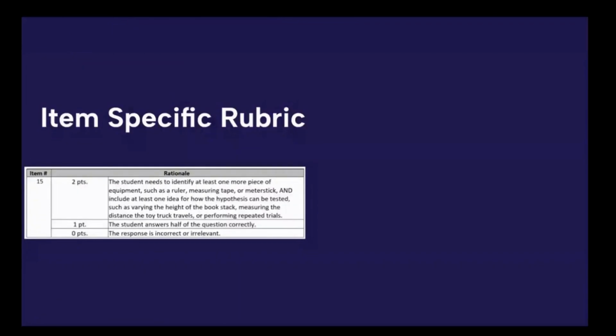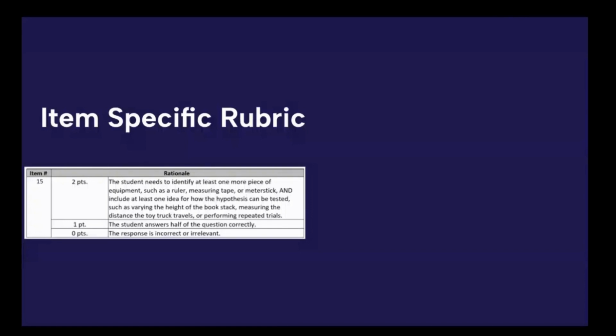For this particular question, we have item-specific rubrics that TEA uses to score these questions. It says that in order for a student to receive 2 points, the student needs to identify at least one more piece of equipment, such as a ruler, measuring tape, or meter stick, and include at least one idea for how the hypothesis can be tested, such as varying the height of the book stack, measuring the distance the toy truck traveled, or performing repeated trials.